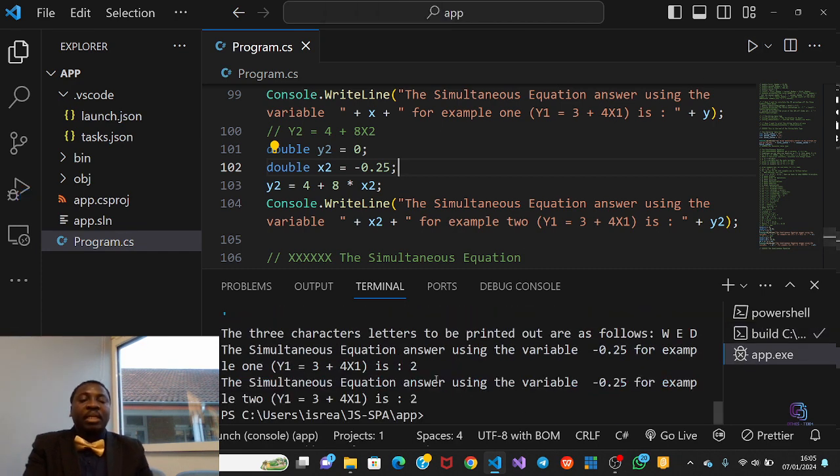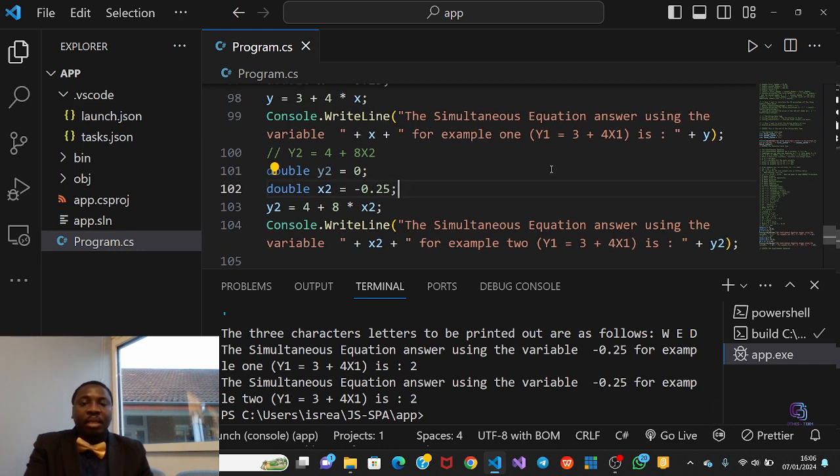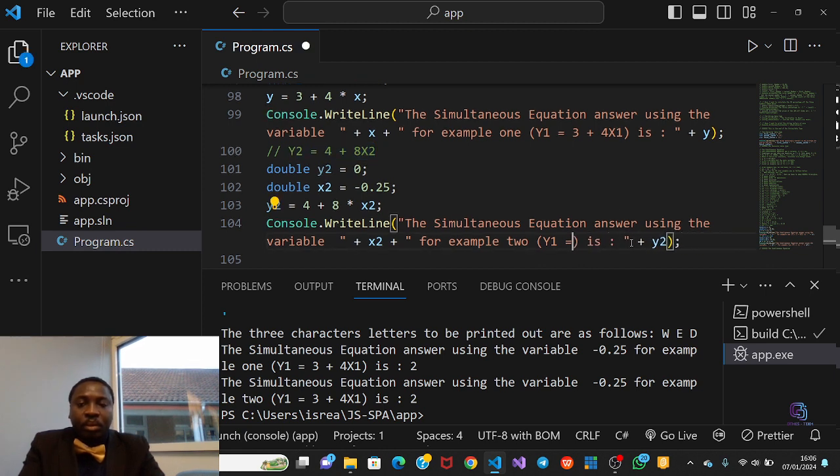Wow, we got the same answer. For x, using equation 1, for example 1, we got 2. Now the simultaneous equation answer using the variable minus for example 2. Example 2 has a different formula: y2 equal to 4 plus 8x2.